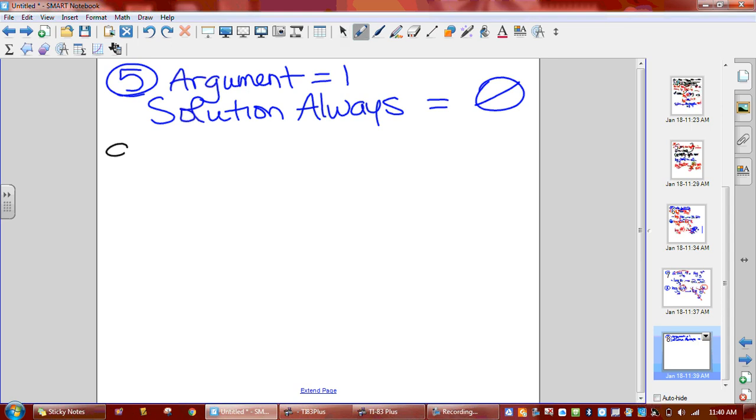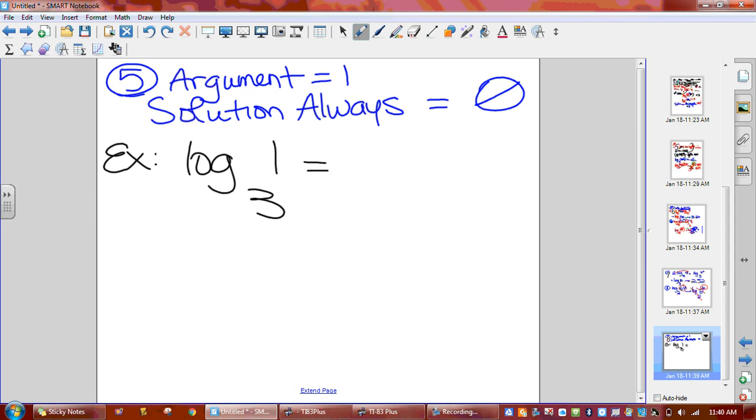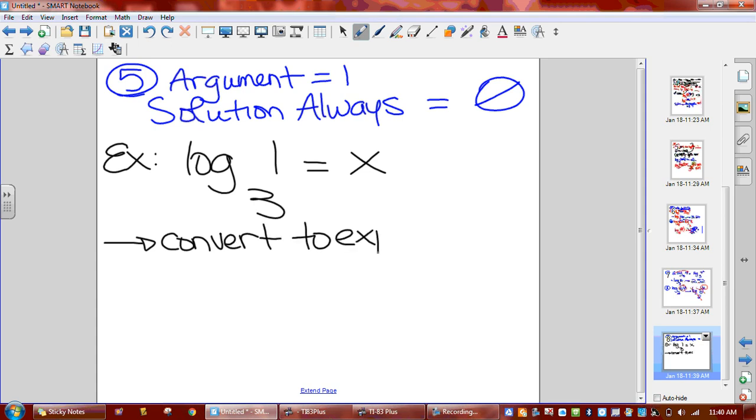So here's my example. Log base 3 of 1 is equal to x. So first thing we want to do is we want to convert it to exponential form.